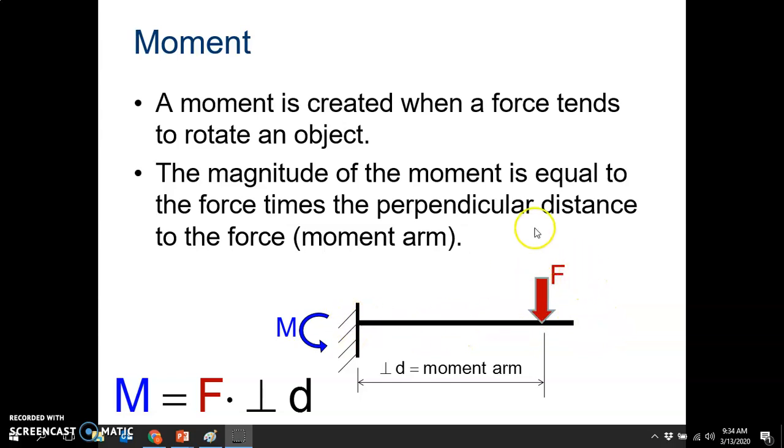If you're looking from an overhead view, you are trying to apply a force in this direction, and she's going to be applying a force in the other direction. So you're going to be creating a clockwise moment, and she'll be creating a counterclockwise moment. And you want to have the sum of your moment be greater in order to keep the door closed.